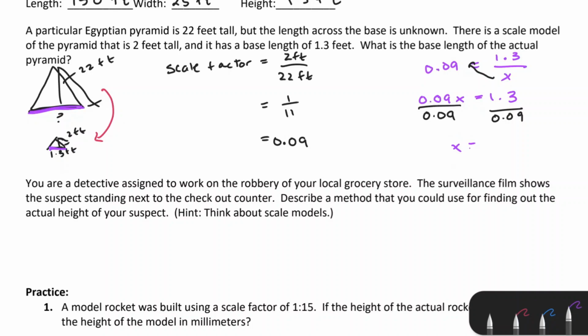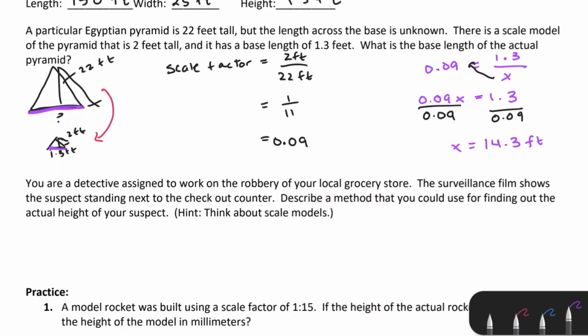So I do 1.3 divided by 0.0909, and I get about 14.3. And it was in feet. All right, so a scale factor scales in all dimensions.